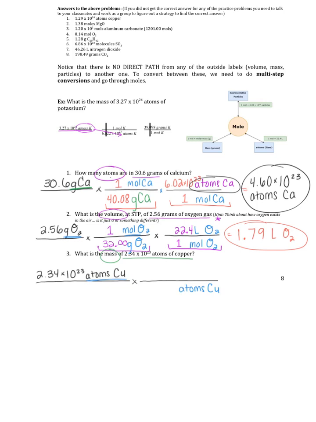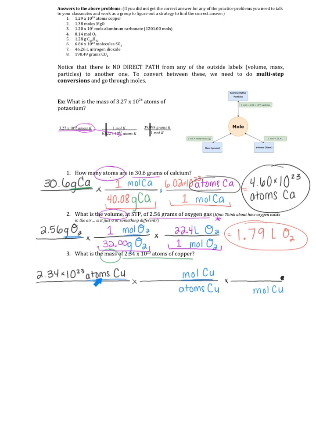So if we have to go from atoms to moles first, that's what we're going to put in the numerator of the next fraction. And then we repeat our steps. Whatever unit is up here, we bring that down in diagonal: moles of copper.